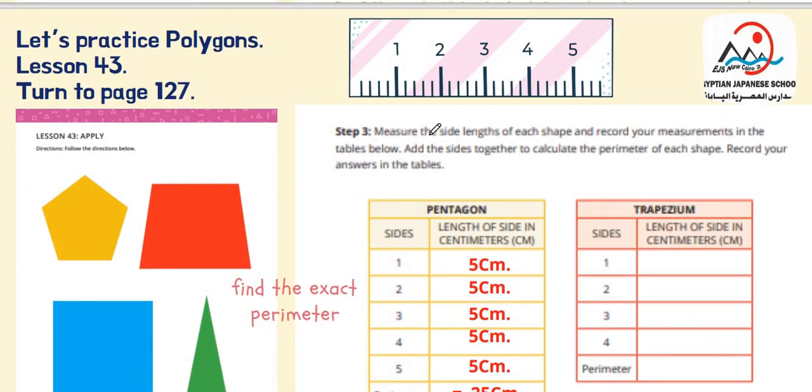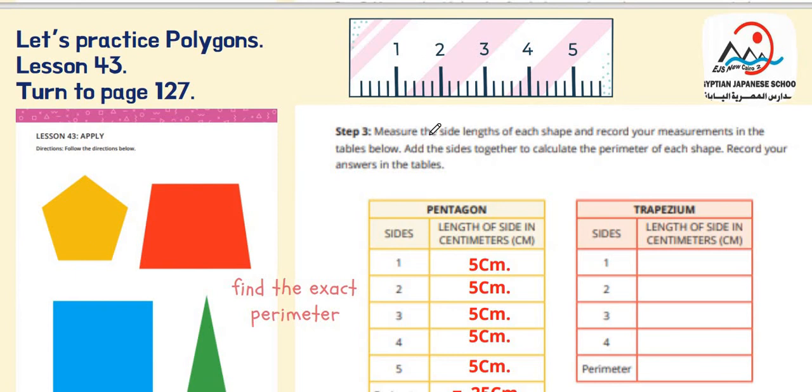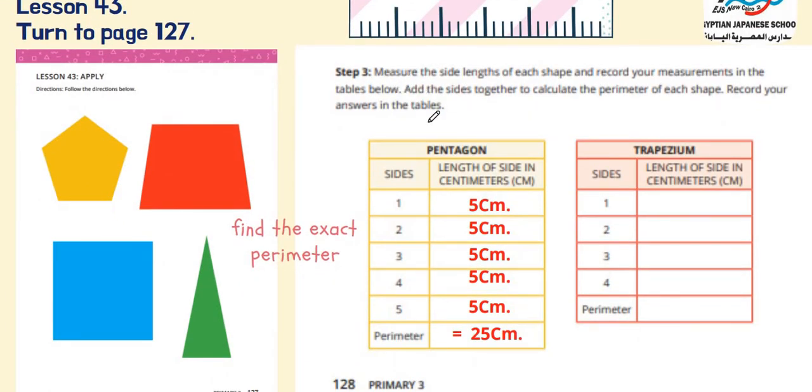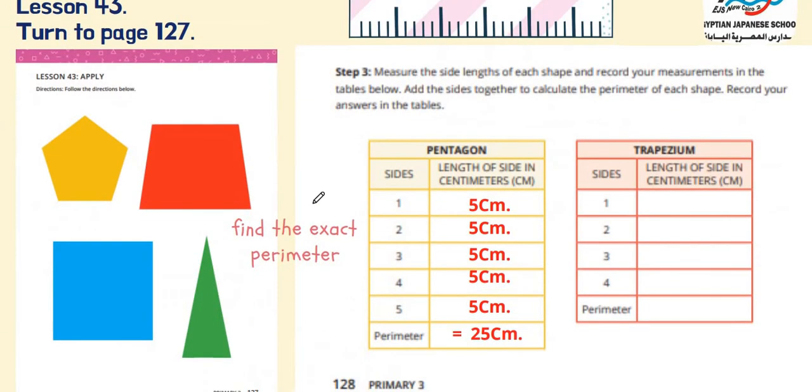Miss Shema, in page 128 again, we have step number 3. In step number 2, we make a measurement estimation. But in step number 3, we need the exact perimeter.